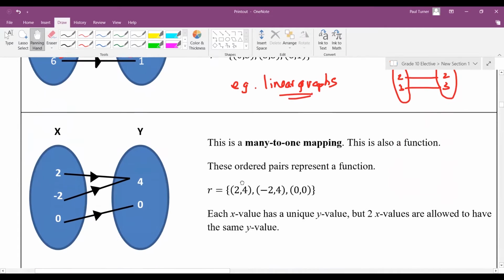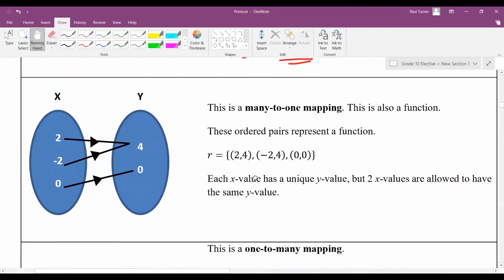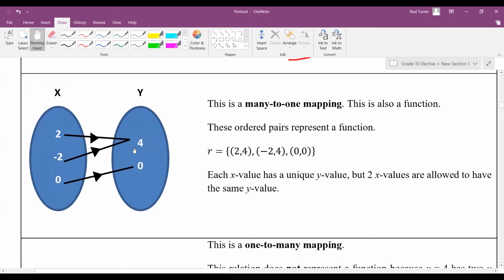Now this one is 1 to many. So 1 to many, oh, sorry, many to 1. That's the next one. So many numbers, how do we get that? Many numbers, many means more than one. So many numbers to one number.